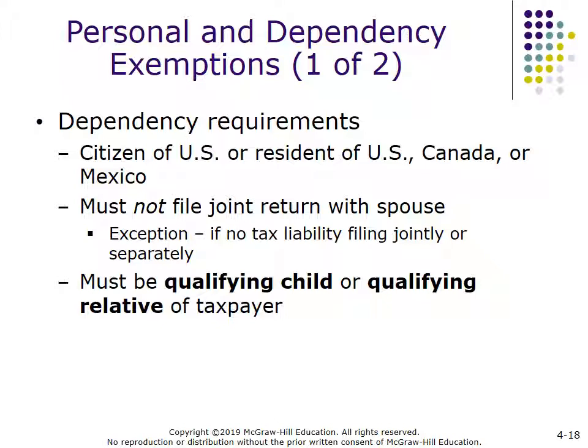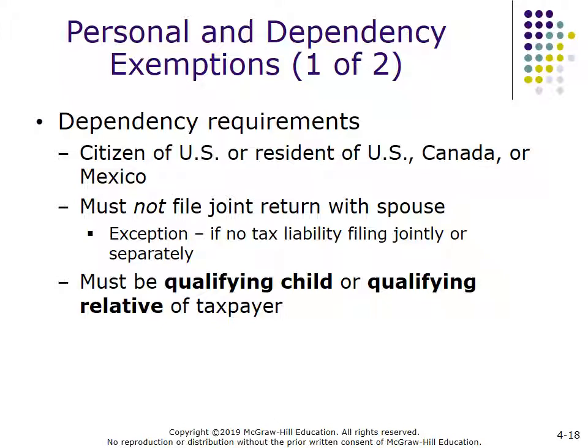Dad has a daughter who's 17. She's married. Okay. Child meets all of the qualifying child tests. But dad comes to this and says, my kid's married. Now he has to look and see, did my child file a tax return with her husband?